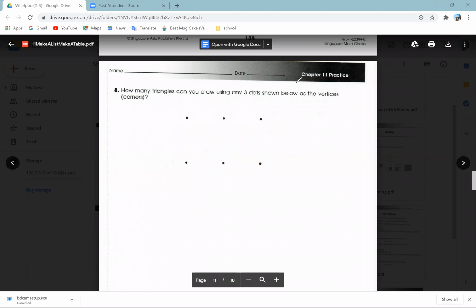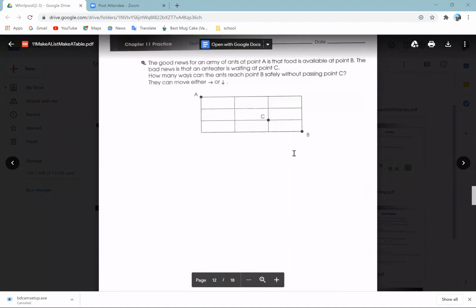So we know 6, right? 7, go ahead and erase that and go on to the next problem.